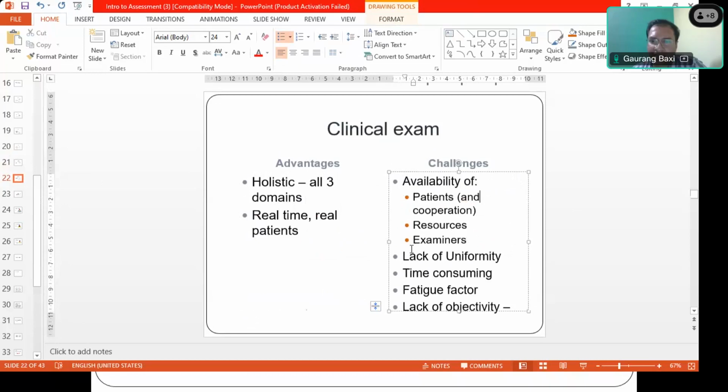So patients' availability and their cooperation as well. It's definitely resource intensive. Stressful to the student because nowadays the colleges expect students to get the patients.